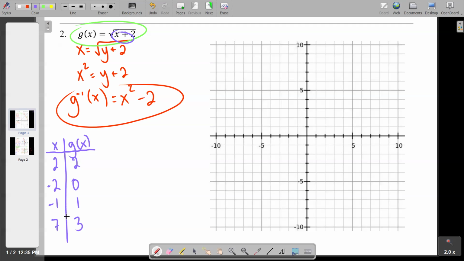All right, let's flip it now and let's make a table for x and g inverse of x. So now we're focusing on the function that's in the red bubble. And this is where, for the first time, you're going to see a domain restriction.